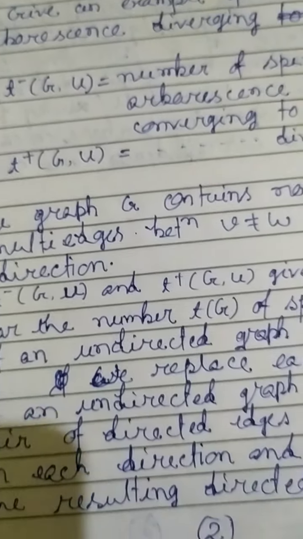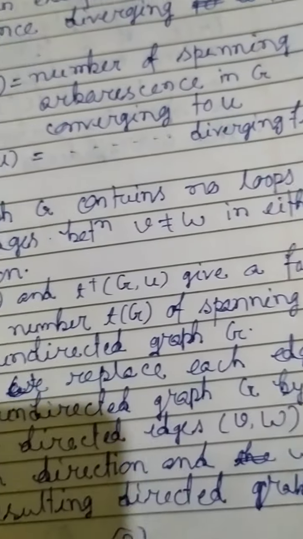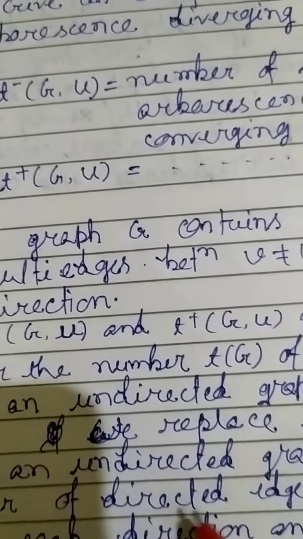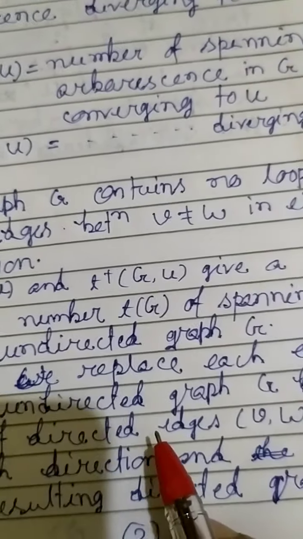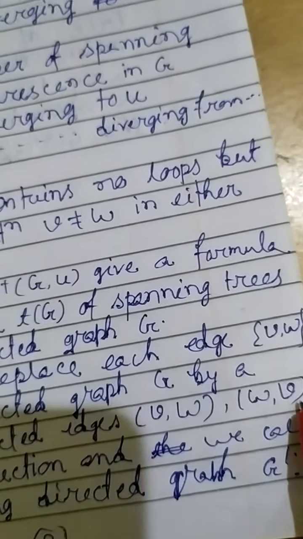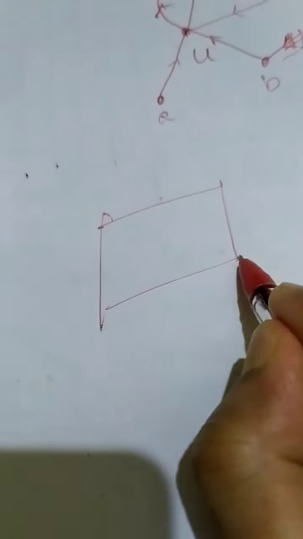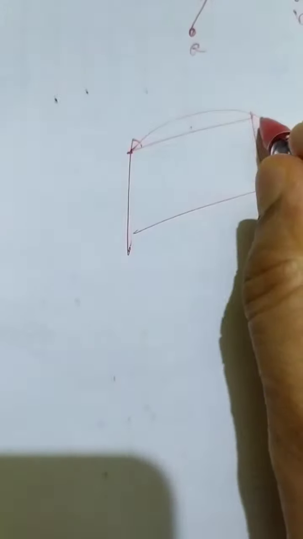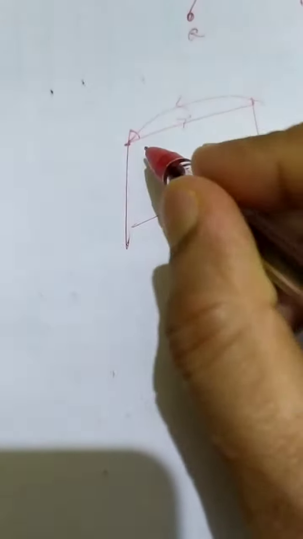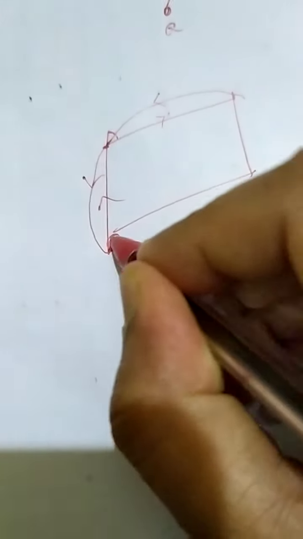So how can we do this? We are given an undirected graph, so we replace each edge VU with a pair of directed edges in either direction. We are going to replace each edge here. A graph is given, something like that, and we replace each edge with a pair of directed edges, at every vertex.